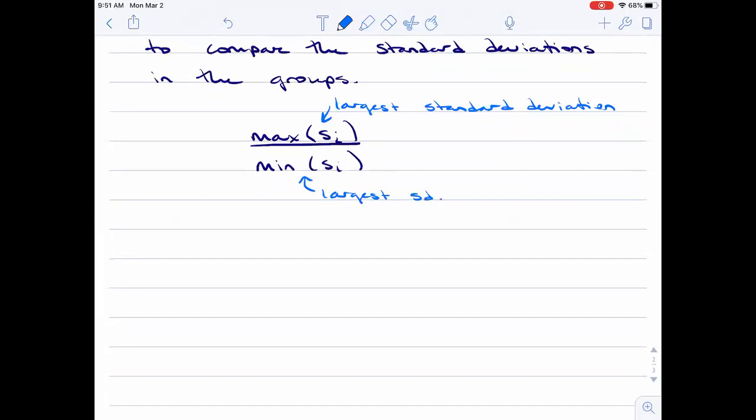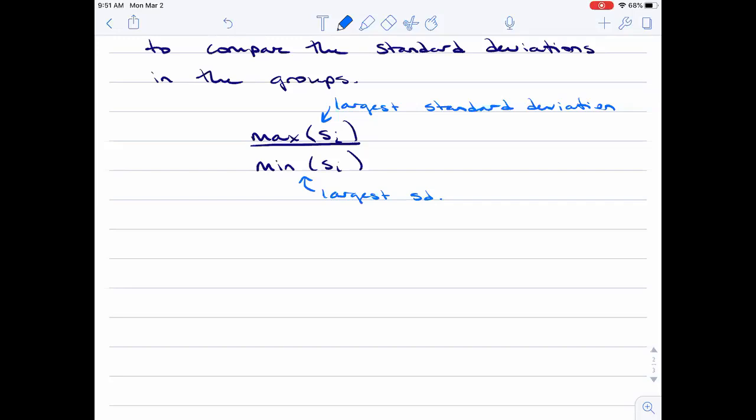So if you've got a group with a huge standard deviation, as long as it's the biggest one, you would take that maximum standard deviation of that group, group 1 for example, over the smallest standard deviation of group 3 or whatever.